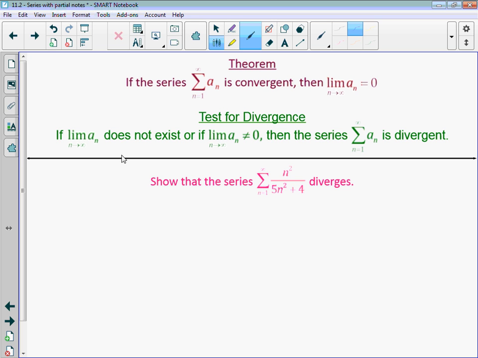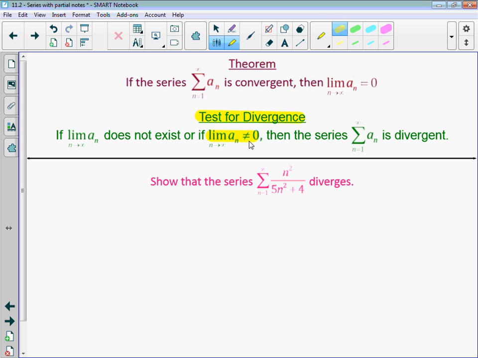So what it says here, we've got a series. It's convergent if the limit goes to 0. It doesn't tell us anything about what it converges to. We just know it's going to be convergent. So our test for divergence, it's on your cheat sheet. So when you print that, this will be on there. But your test for divergence says if the limit does not exist or the limit does not equal 0.